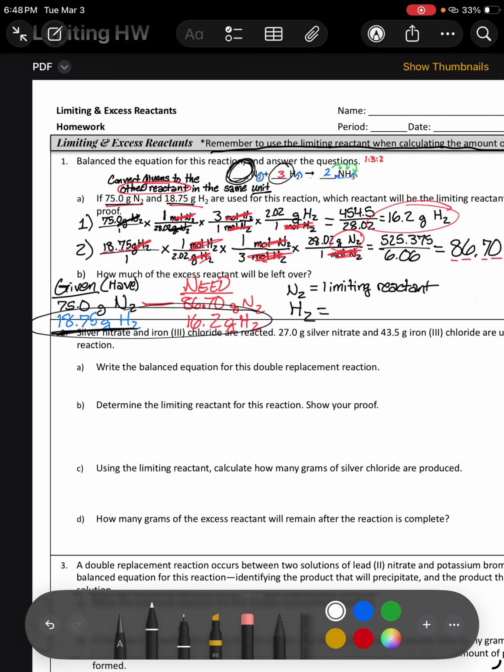But how much do we need? 16.2. Do we have enough? Yes, this is how much we have. We have 18.75 grams. How many do we need? Only 16.2. So what would hydrogen be considered? Our excess reactant. I'm just going to put R to save some space for what we're about to do.